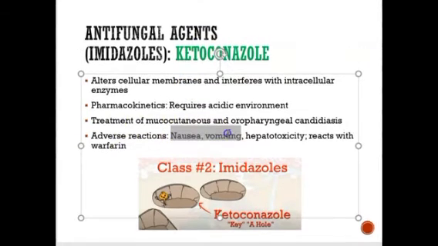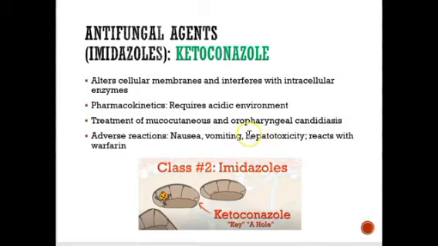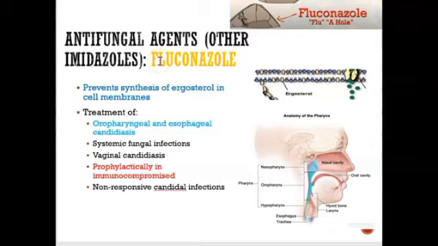The imidazoles and triazoles inhibit a cytochrome P450-dependent demethylase, which converts lanosterol to ergosterol, a fungal membrane lipid. This results in the accumulation of lanosterol, which disrupts the membrane phospholipids. Disrupt means it breaks the membrane phospholipids.